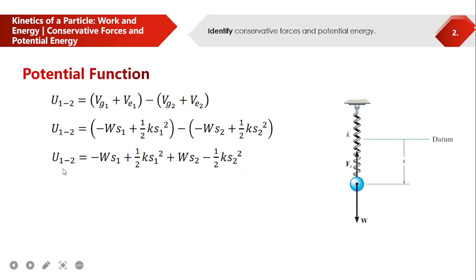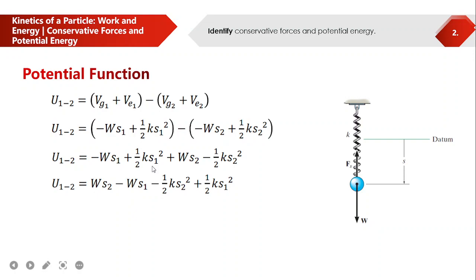Okay, that will be U sub 1 to 2 is equal to negative W S sub 1 plus 1 half K S sub 1 squared plus W S sub 2 minus 1 half K S sub 2 squared. Kasi nga, didistribute natin each term yung negative sign. So, negative times negative, positive. Negative times positive, that will be negative.